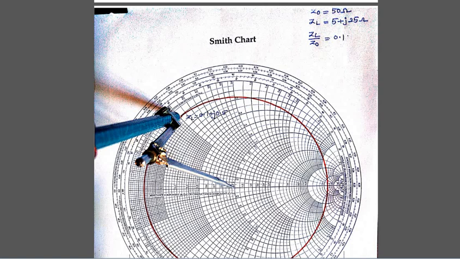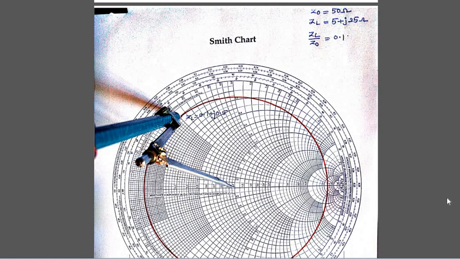This is the center. From the center to the point we marked here as ZL equal to 0.1 plus j 0.5, a length is going to be considered. With that radius we are going to make one circle here. That red color will show you. With this radius, the distance between the origin and the point marked here, the normalized ZL, we are going to make an arc here.